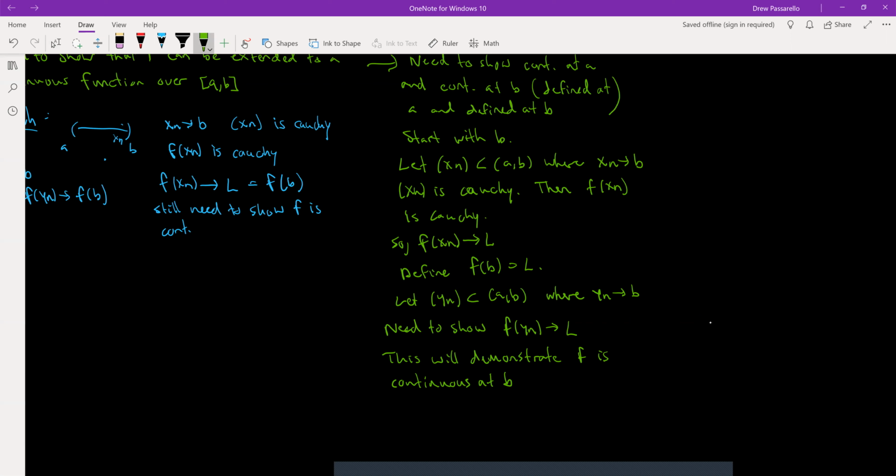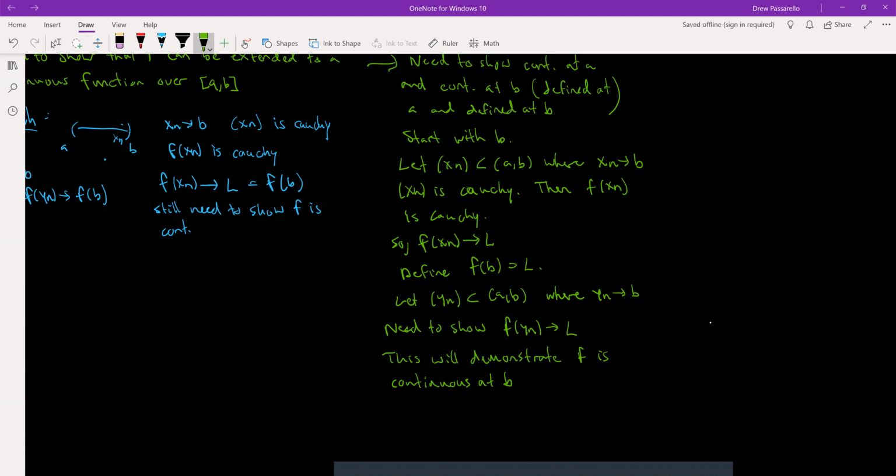Since xn converges to b, it's Cauchy, and then f of xn is going to be Cauchy by the previous theorem that we went over in the video.